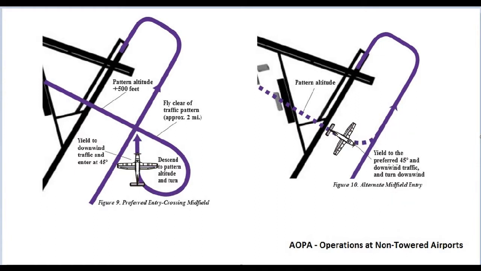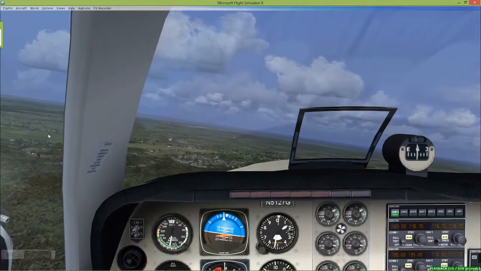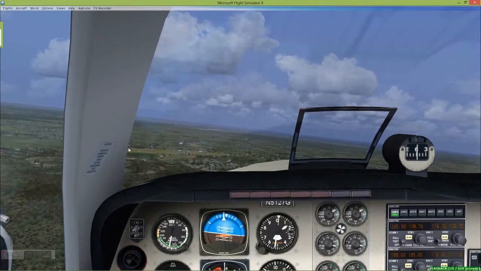You must yield to traffic in the pattern and traffic coming in through the standard 45-degree angle from the right. You would then proceed in the pattern as usual, but again, the recommended or preferred method is to overfly the field, fly outbound, turn around, and enter at a 45-degree angle, the same way we did when we were approaching from the right side of the field.